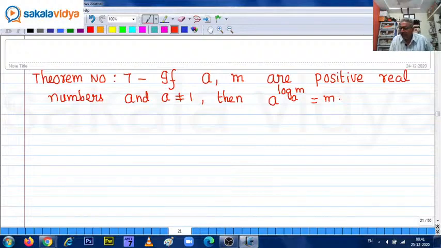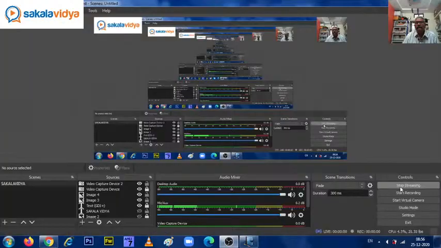This is a very important theorem. It will be useful even at higher levels, in M1, M2, M3, even M4, and in engineering, while solving differential equations.